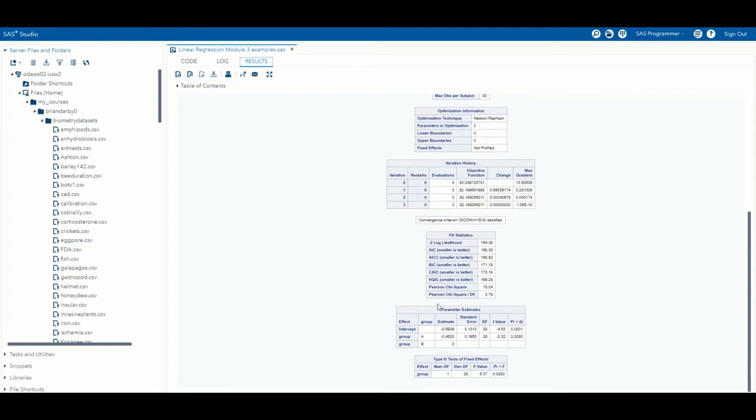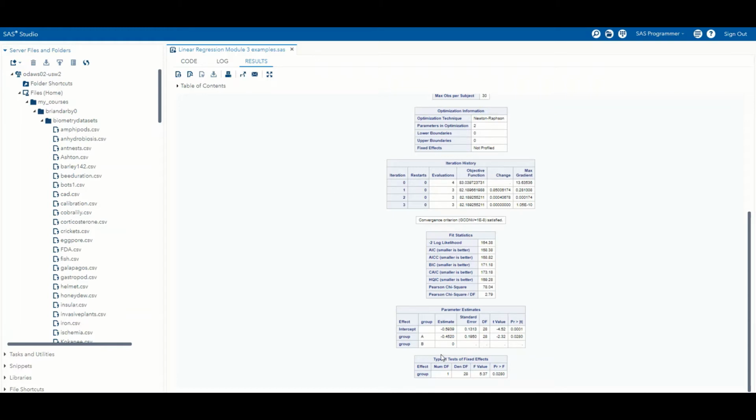So let's go down to the fit statistics. One thing to look at is the dispersion; 1 is the ideal. If it's above 2, you might want to redress it, so there might be a reason this might be over-dispersed. But the main thing is the test for fixed effects: the F value is significantly large, and it's lower than 0.05, so it looks like group is significant.